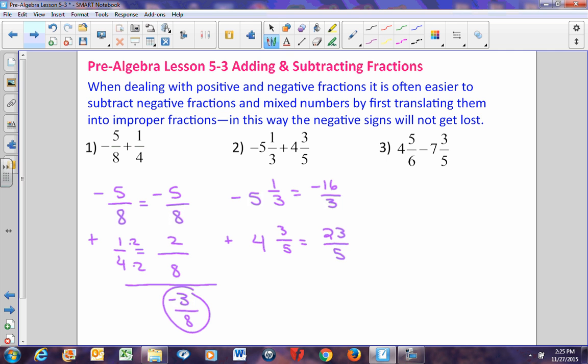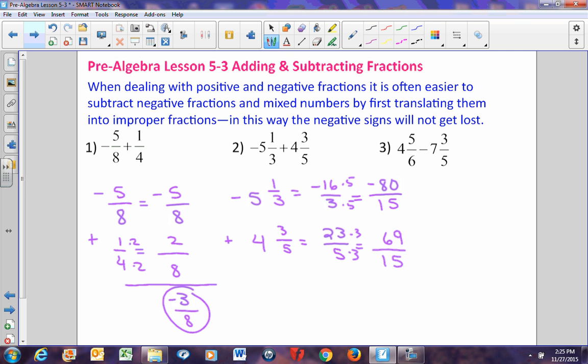Common denominator between 5 and 3 is 15, and I'm going to move into this next problem, which means I'll move problem 3 a little lower in a second. So my common denominator is 15. 3 times 5 is 15. 16 times 5 is a negative 80. 5 times 3 is 15, and 23 times 3 is 69.